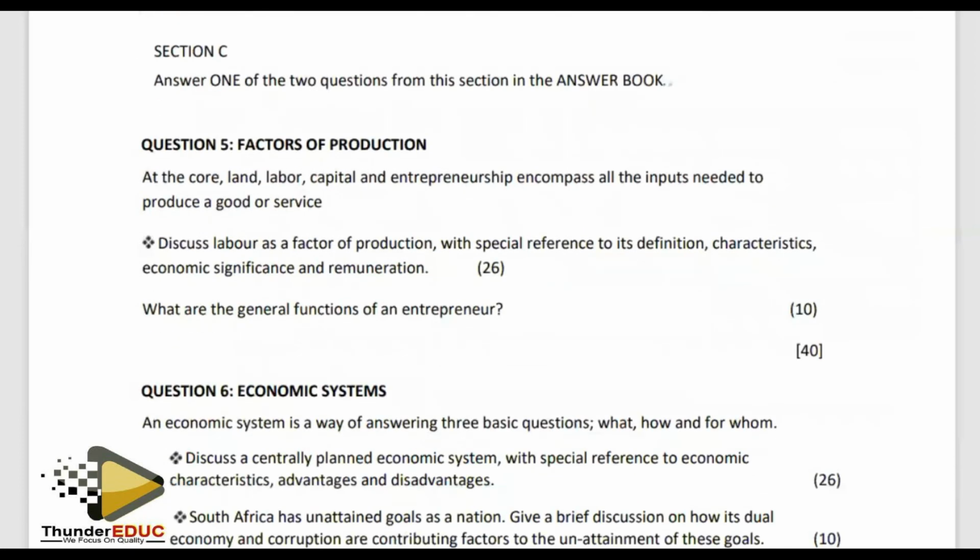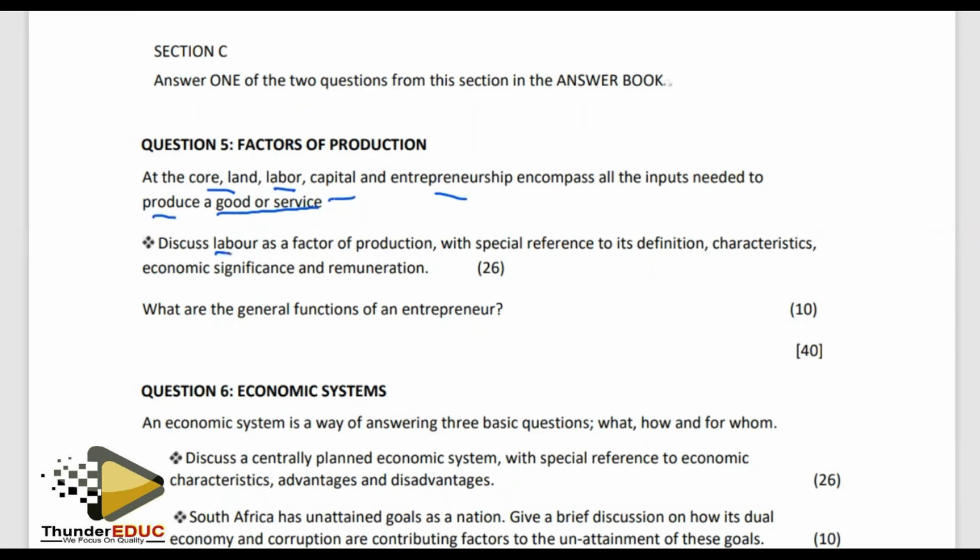It says discuss. At the core, land, labor, capital, and entrepreneurship encompass all inputs needed to produce goods and services. All these factors of production are the basis for the production of goods and services.